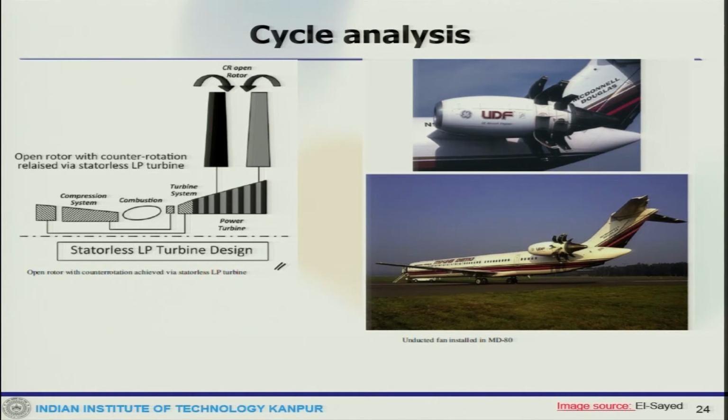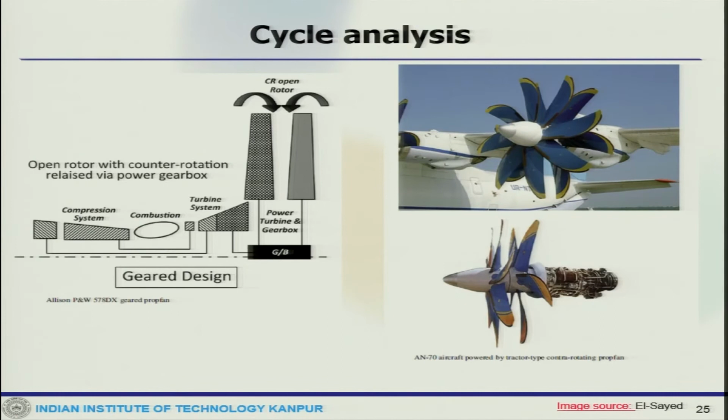Also there are other engine manufacturers which produce engines of this kind of propeller fan. This is another one, the Pratt and Whitney 578-DX, from the 1980s. This also has a reduction gearbox between the LP turbine and the propeller blades.